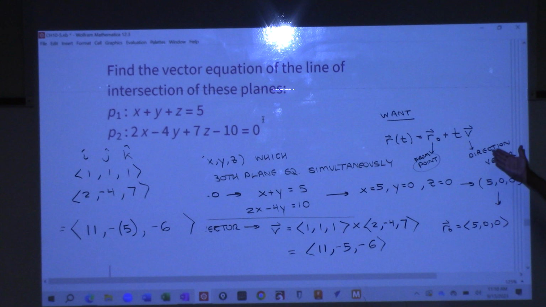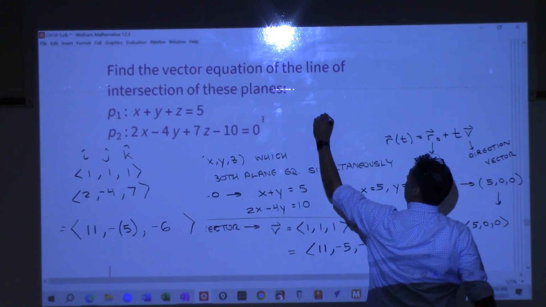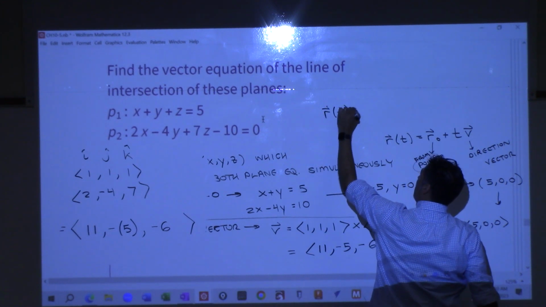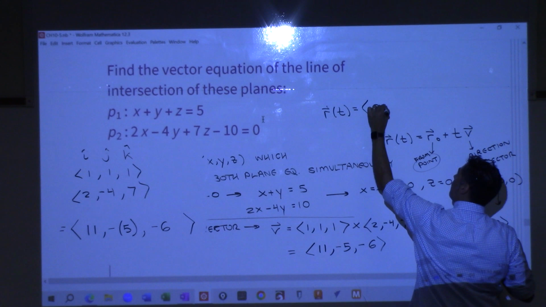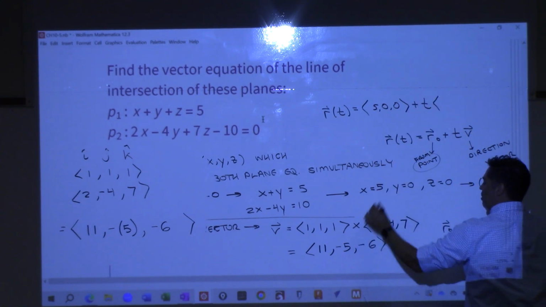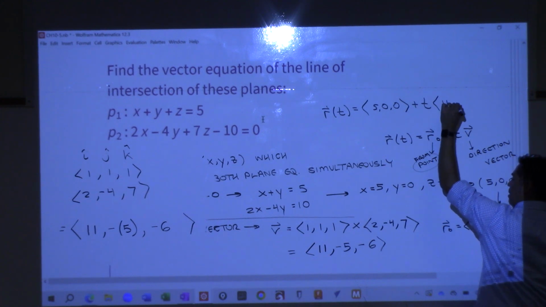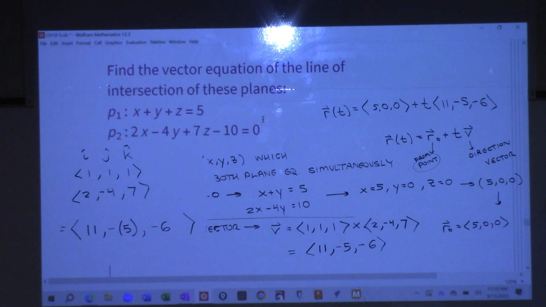And now we're ready for the vector equation. So the final answer here is that r of t will be equal to the first vector we have here, 5, 0, 0, plus t times the direction vector of the line of intersection of the planes. That would be an acceptable answer.